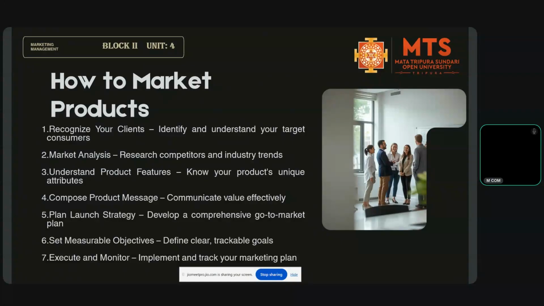Fourth, compose a product message. Here it says a tagline which can really link to the customers for whom we are building, and communicate value effectively. For example, the tagline for cement is: cement which builds not only your strong home but also a good connection with your family.